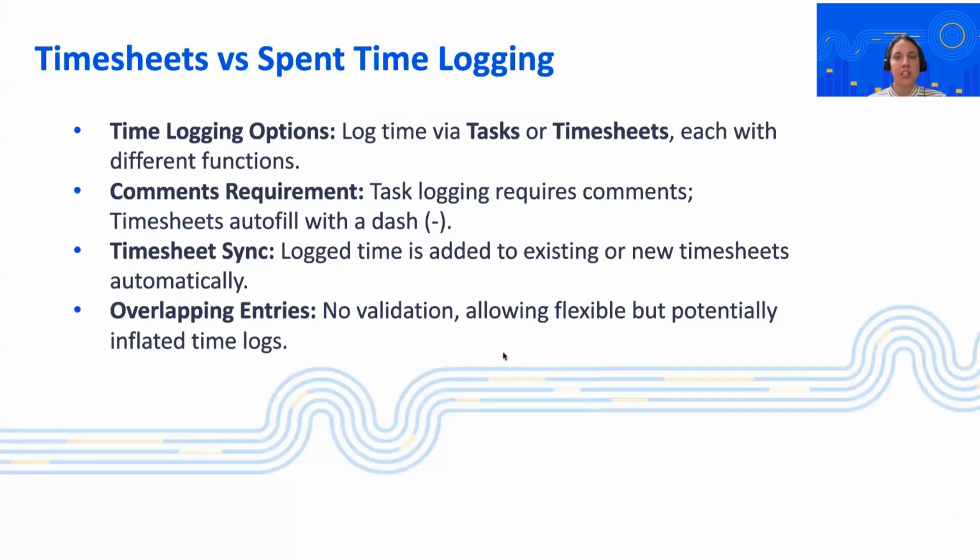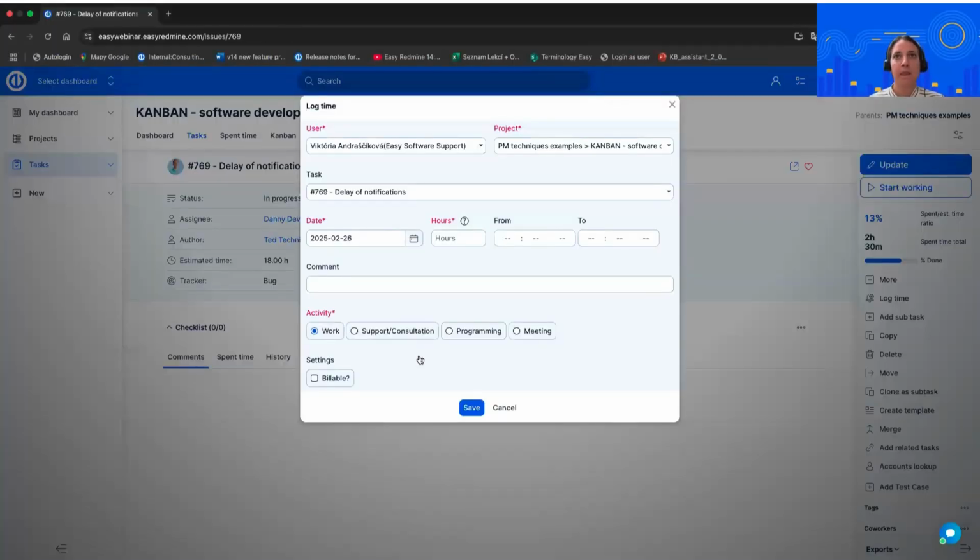Another thing I wanted to show you is when you log time, and then we have two fields here newly, and they tell you that you can actually write like, okay, I worked 2 hours, and you can say exactly from to.